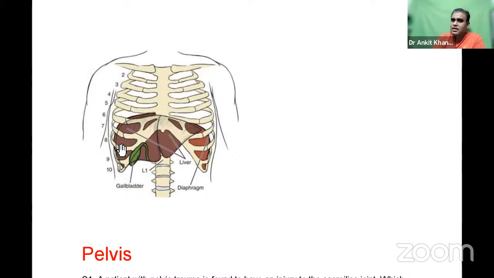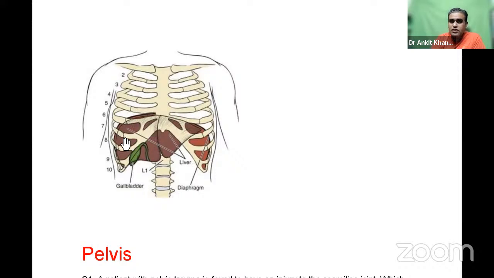In the mid-clavicular plane, till rib number 6 we have the lungs, and till rib number 8 we may have the pleural cavity. In the mid-axillary plane, till the 8th rib we might have the inferior part of the lungs, and 9th and below, maybe 10th also, we can have the pleura.